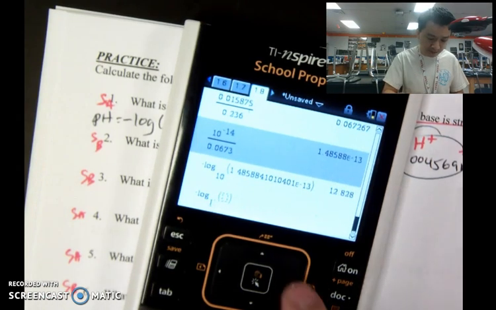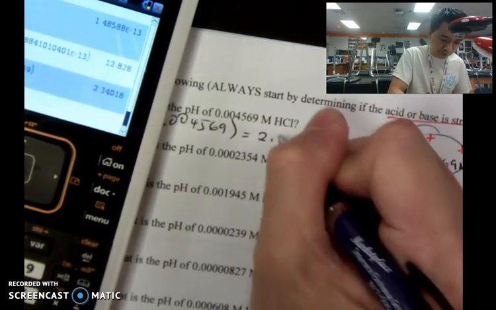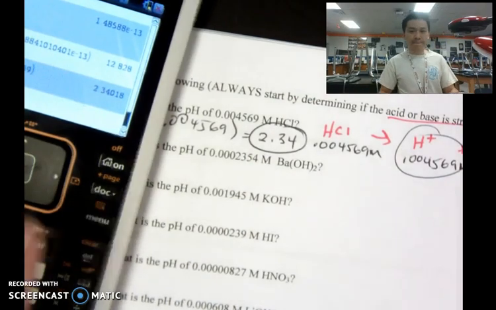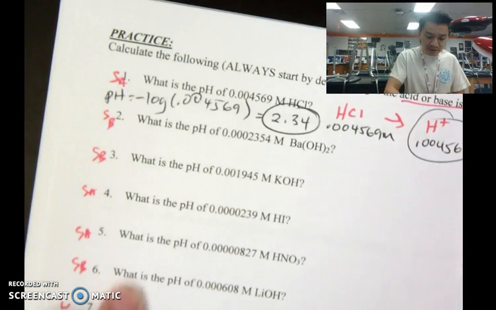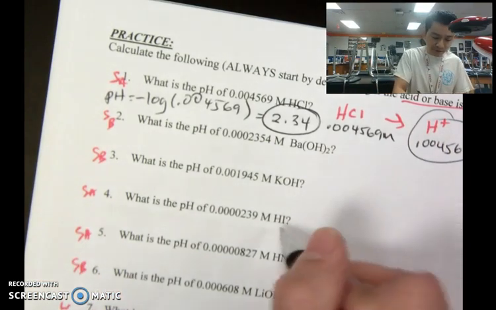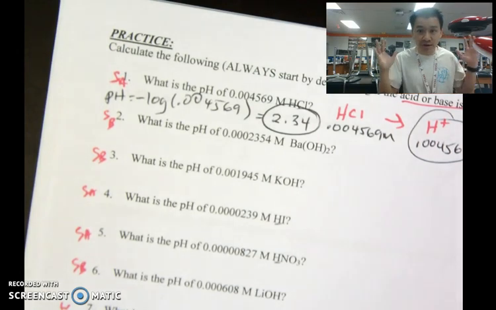Don't do that. 0.004569. Enter, and my pH is 2.34. There you go, pretty simple there. Notice most of these have only one hydrogen, so they should be very simple. Whatever the concentration of the acid is, that is the concentration of H plus.